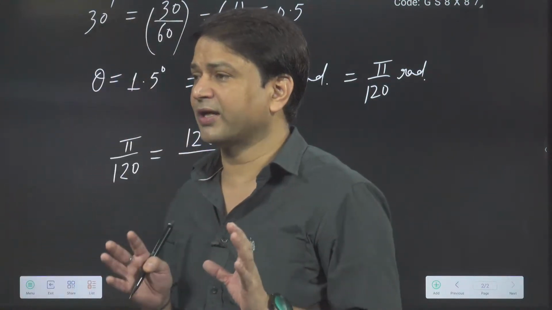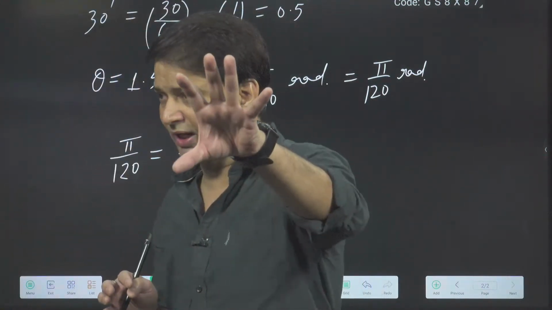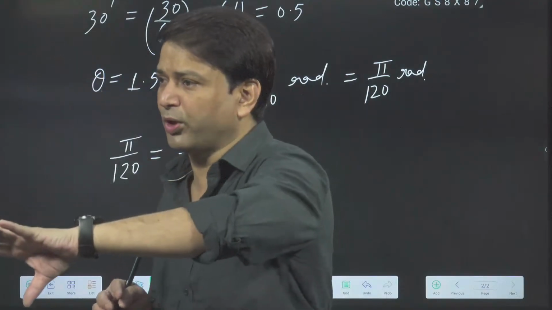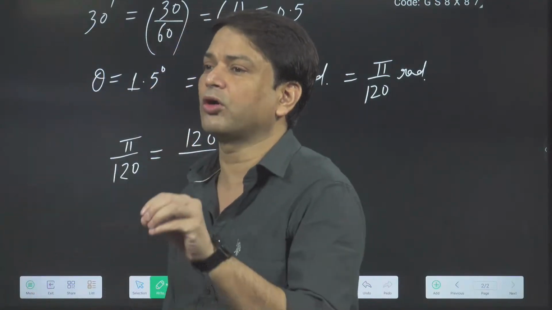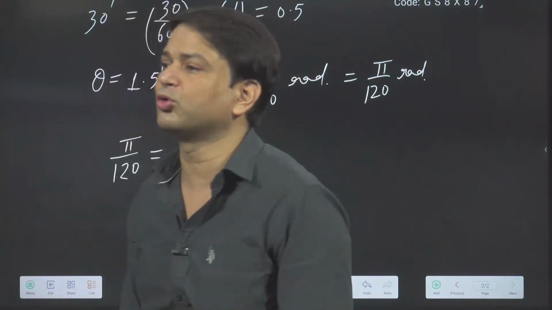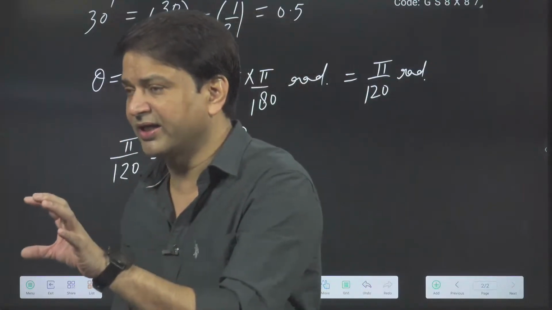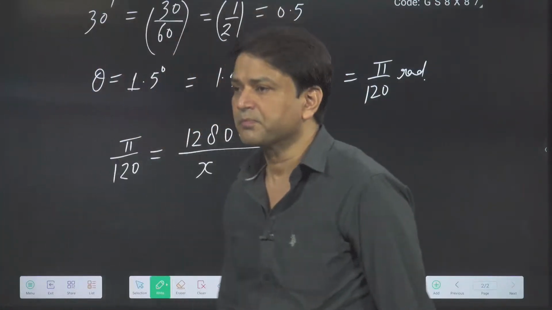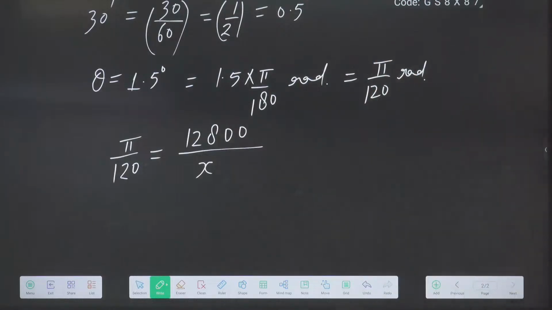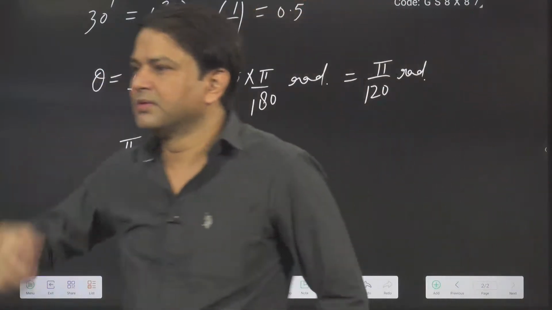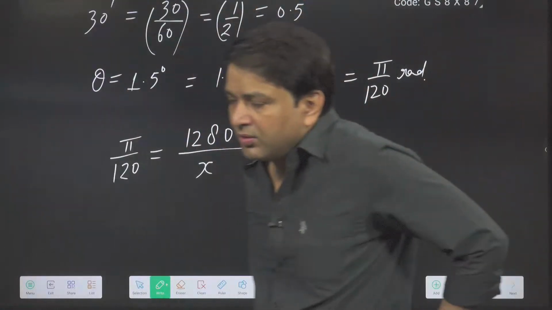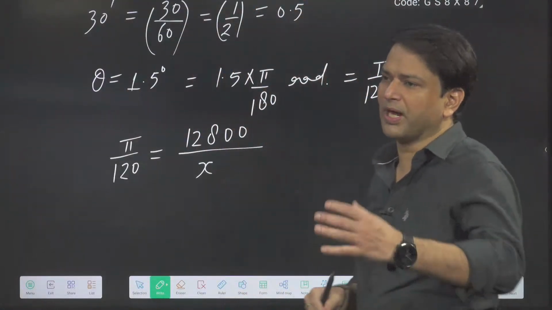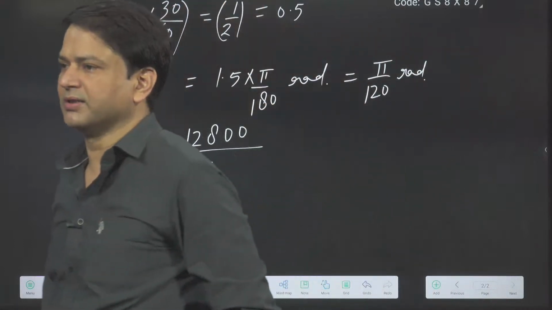So the total angle is 1 degree plus 0.5 degree, which is 1.5 degree or 3 by 2 degree. Now convert into radian by multiplying pi by 180. Understood or not? Who asked this, sir, once again? After that we will apply the formula angle is equal to arc upon radius.